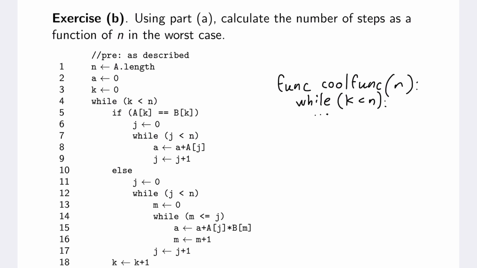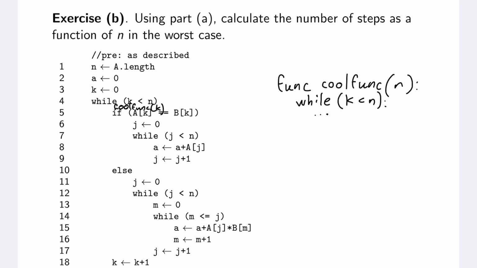Whatever. I know that I didn't define k. What are you going to do? Take a mark off me? So this function takes some number of steps, probably a function in terms of n. And let's say we called cool func right here. So this imaginary line 4.5 would not take one step, but it would take as many steps as that function takes.